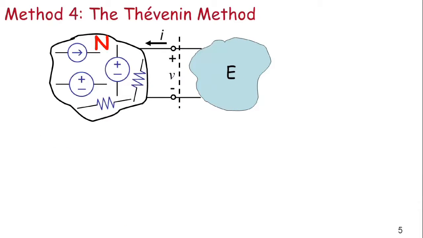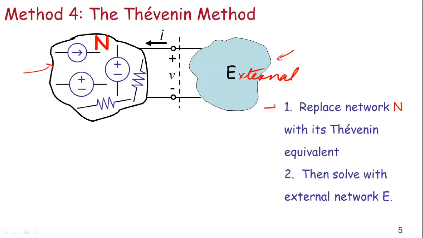Okay, so we are ready to define the Thevenin method. In the Thevenin method, you are given some network N. It may be a horrendous network with a whole bunch of voltage sources and current sources and resistors and so on and so forth. And you have some other external network E, E for external. Then by the Thevenin method, I can break this down into a simpler problem as follows.